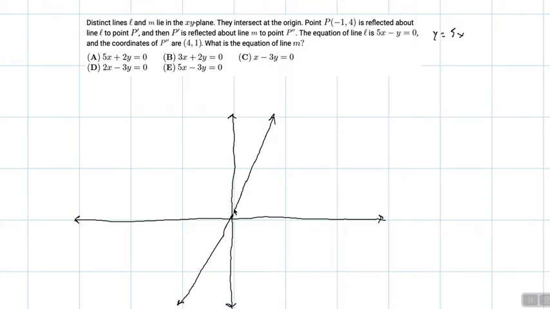And then -1, 4 is where P is, so that'll be somewhere like here. So that's P. And then P double prime is 4, 1, so that'll be about here.